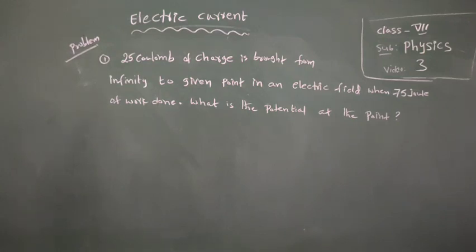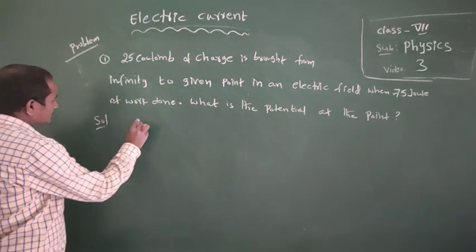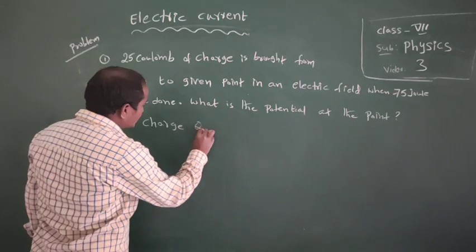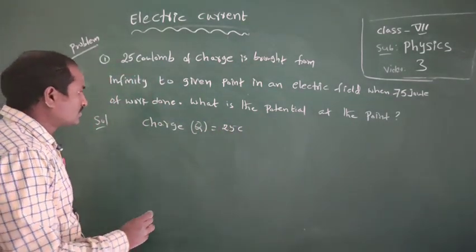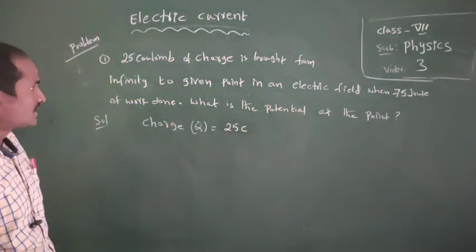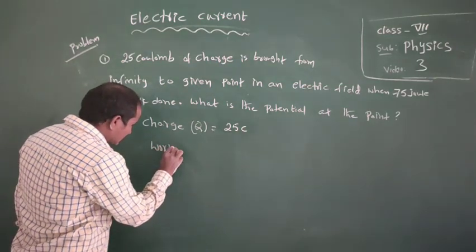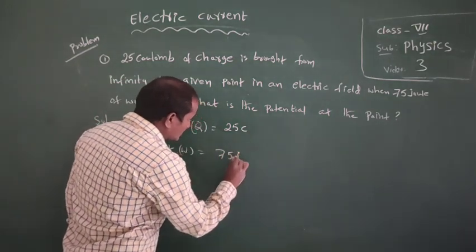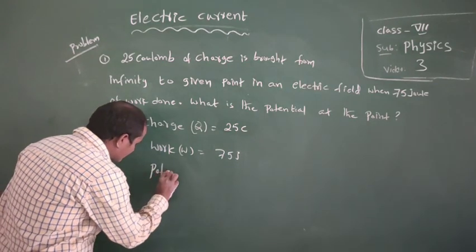What are the given values here? Charge Q equal to 25 C. Work done W equal to 75 joules.